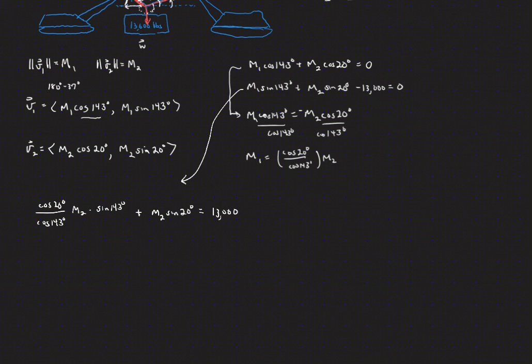So on this left side, we now have just one variable, M2. I'm going to factor that out.